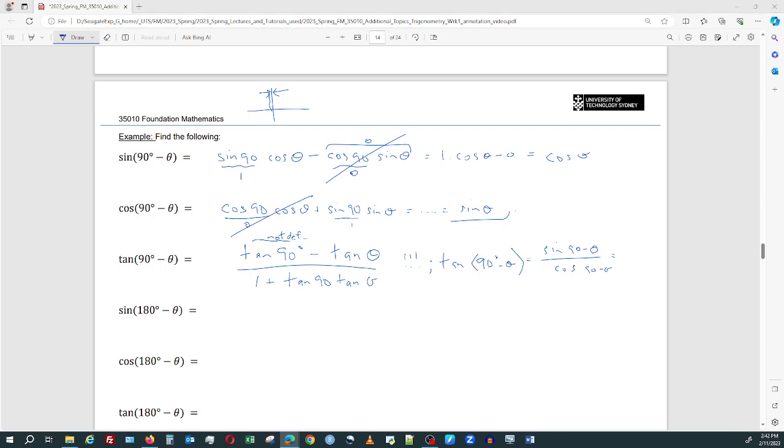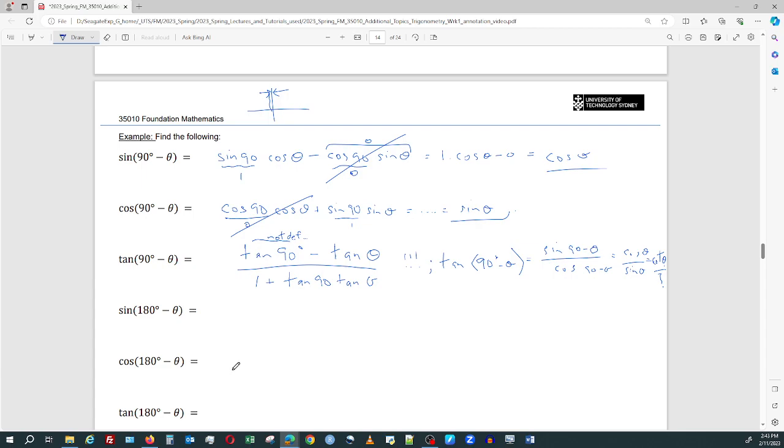We worked out that sine 90 minus theta up here is cos, and cos 90 minus theta up here is sine. So it's cos over sine, which is cot theta. Very interesting.